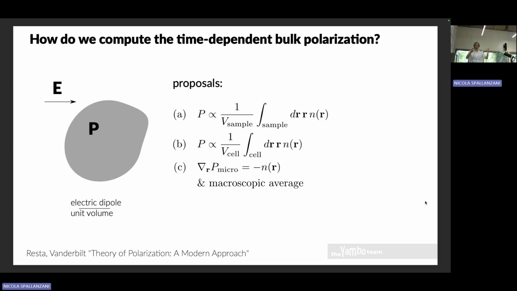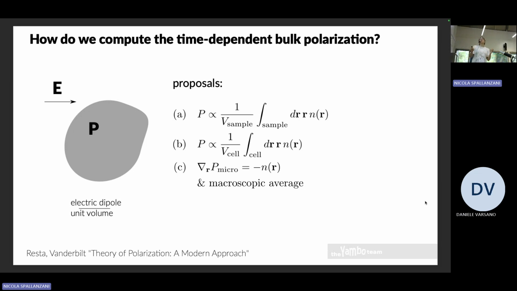You say, okay, actually your sample will always be finite, so why can't you just integrate over the whole sample and then divide by the volume of your sample. The problem with this approach, of course, if you have periodic boundary conditions, this will just give something infinite because you are replicating your unit cell infinitely.